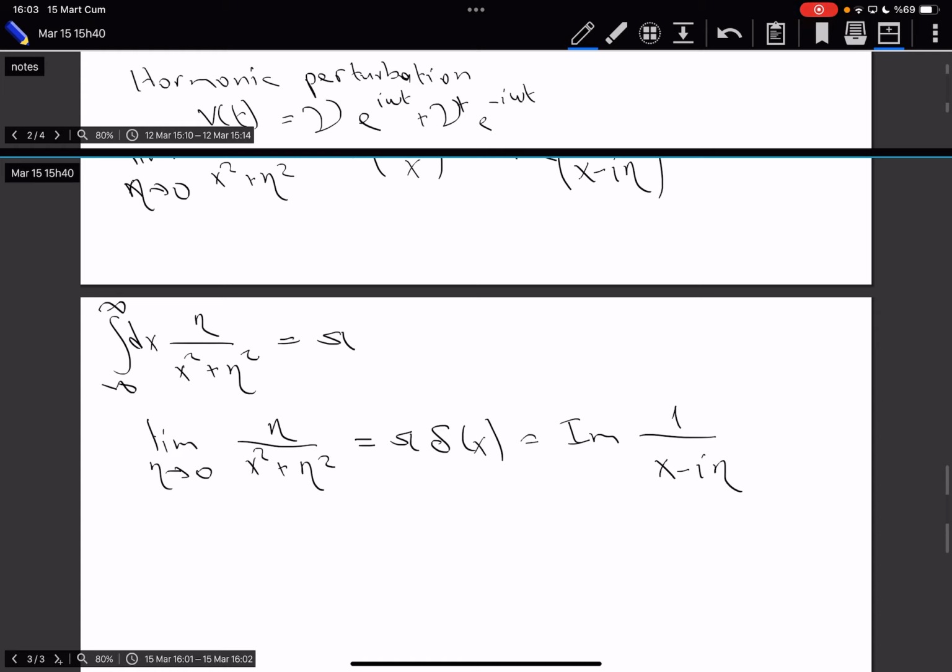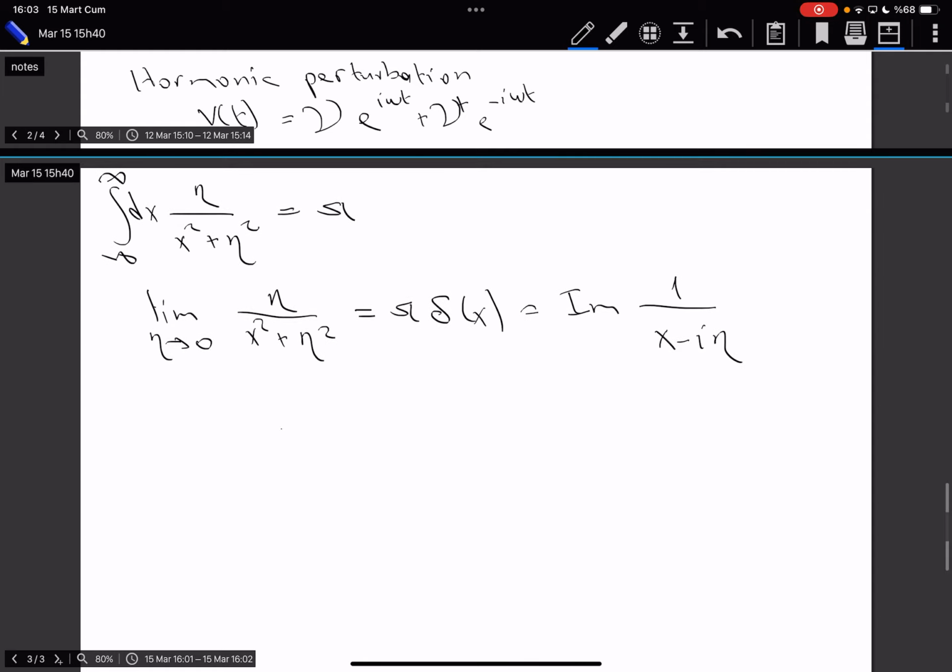So if you remember on Tuesday, we were also looking at the energy shifts, and I claimed that this sum has a non-zero imaginary part, although everything there is real.